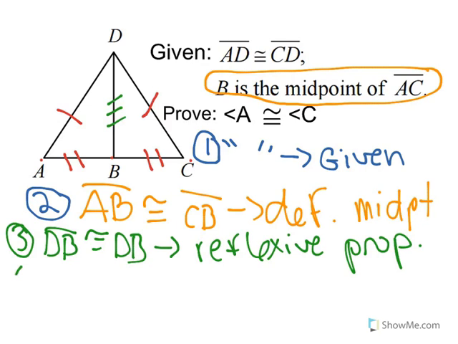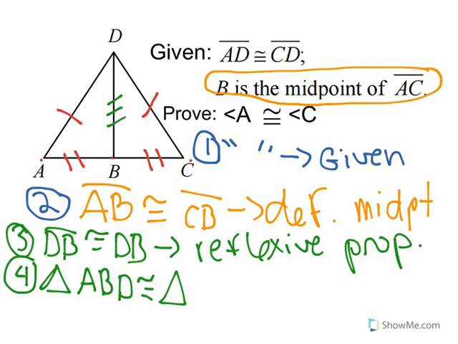So now I know that triangle ABD is congruent to triangle CBD, and that would be by side, side, side.